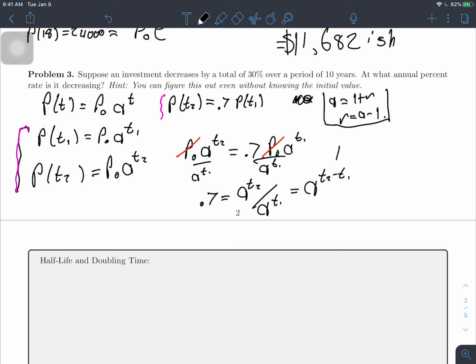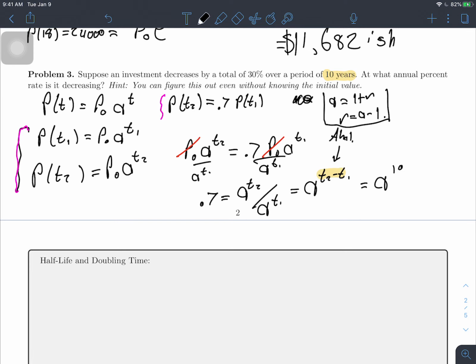And I say, aha. T2 minus T1 is the difference in time between T2 and T1. I know that from the problem. It's 10 years. So this is equal to A to the power 10.